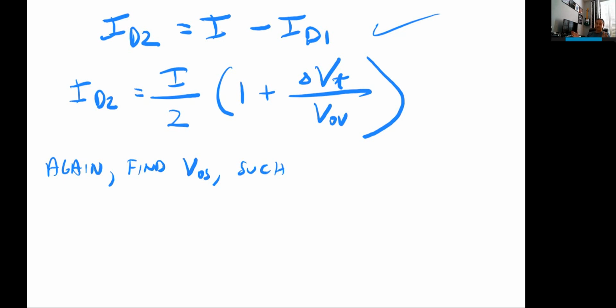So now they're the same. And if the currents are the same, then the differential output voltage is going to be the same. And the voltage that it takes for that to happen is going to be my offset, in this case due to the variation on VT. So it's equivalent to just looking at the partial derivative with respect to VT, but in this case a little bit different because it's relative to the overdrive voltage, which is more convenient.